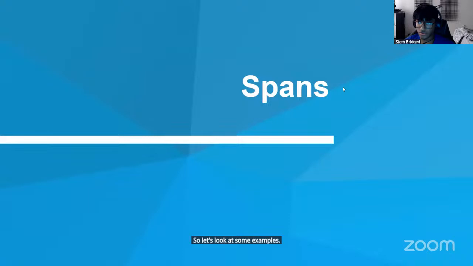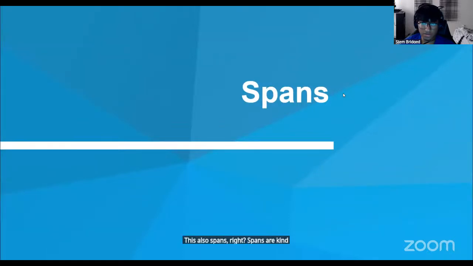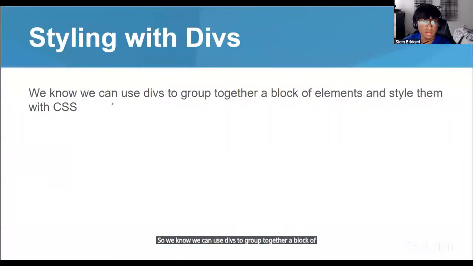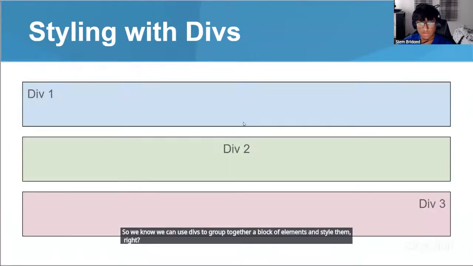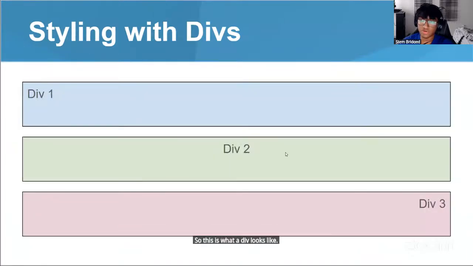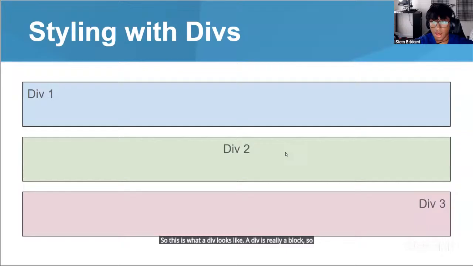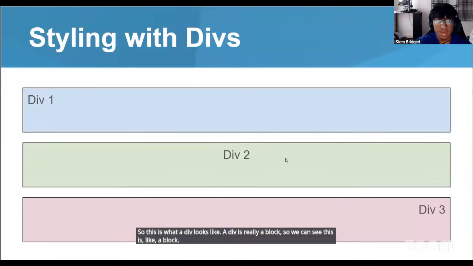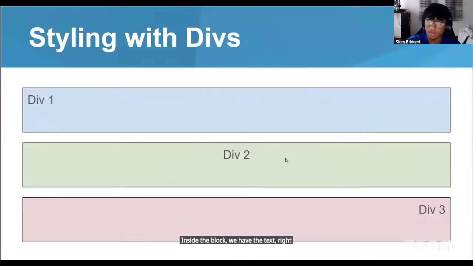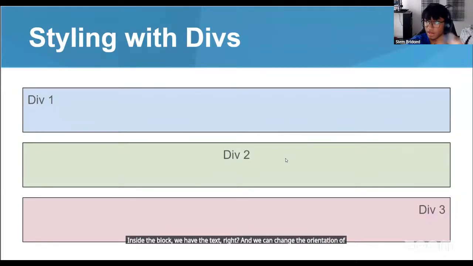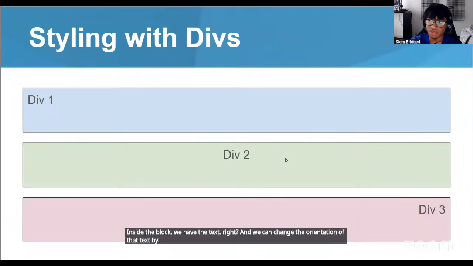There's also spans, right? Spans are kind of similar to divs. So we know we can use divs to group together a block of elements and style them, right? So this is what a div looks like. A div is literally a block. So we can see this is like a block. Inside the block, we have the text, right? And we can change the orientation of that text by specifying it in the div itself.